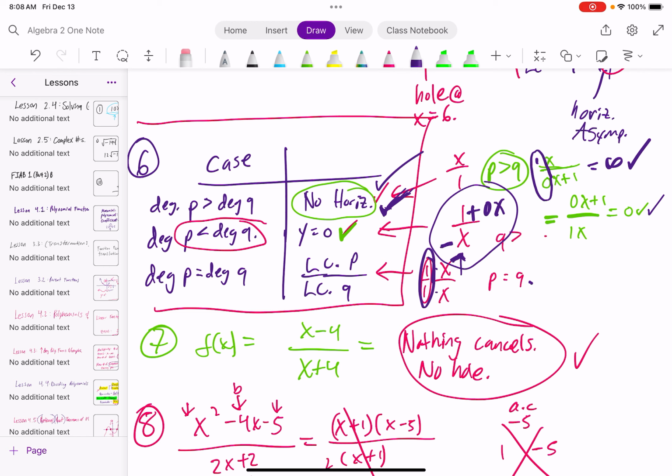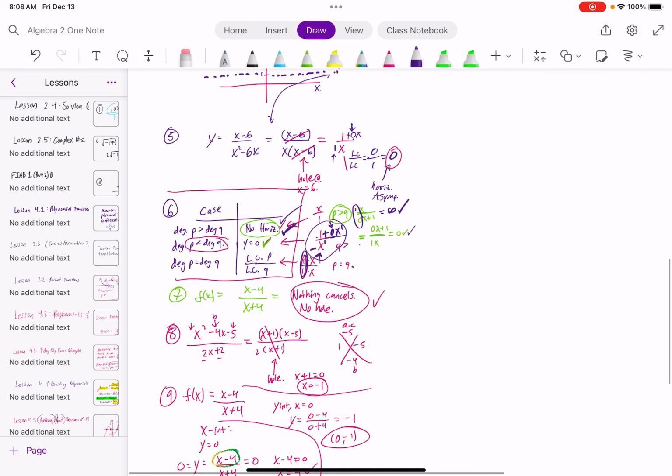And if this one doesn't have it, you make it so that you can match, apples to apples, right? If we're talking about degree of 1, then you've got to compare it to another degree of 1. And in this case, we didn't have it, so we made it, right? 0x.